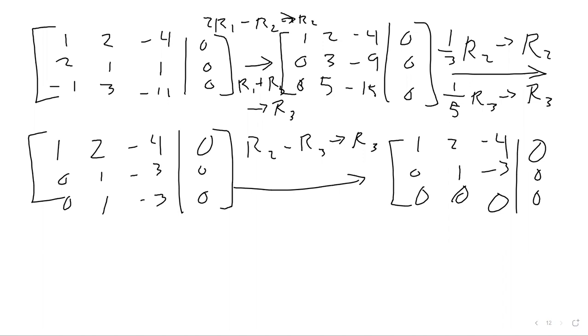So from here, there's one more thing we can do. Let's try to simplify row 1 a little bit, so we just have 2 variables that we have to deal with.